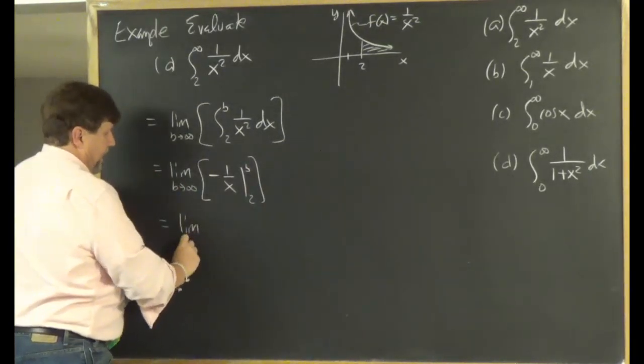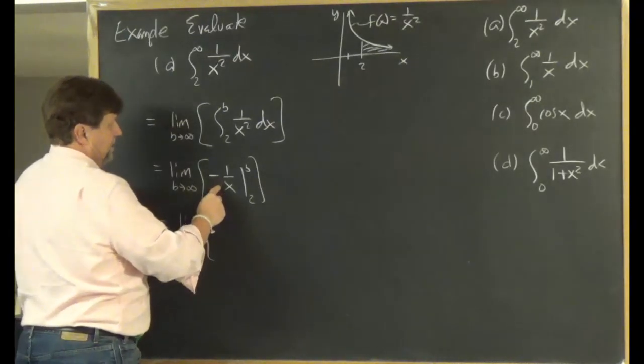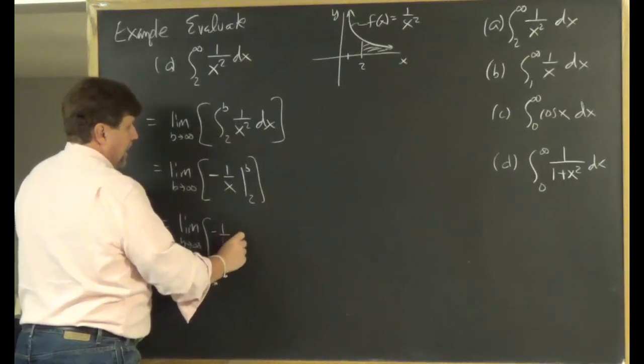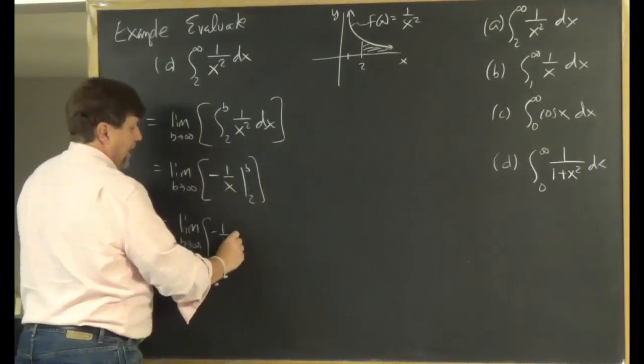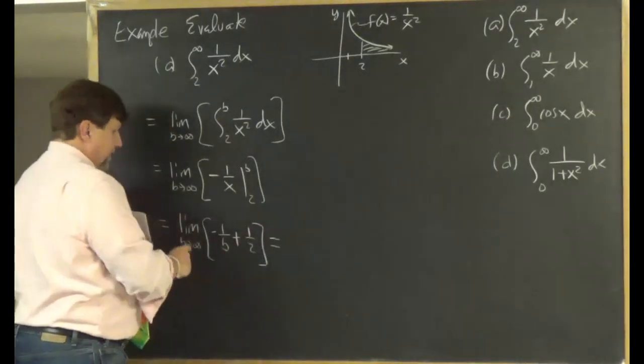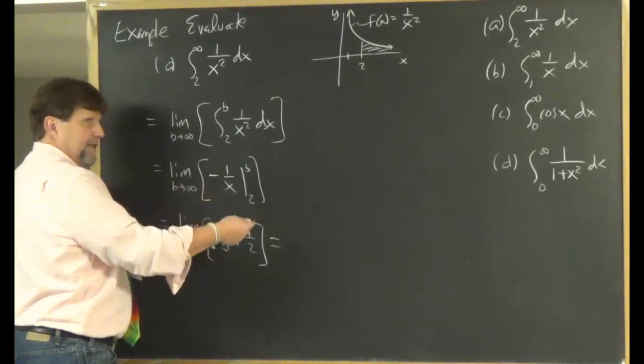And when we evaluate that from 2 to b, we get a negative 1 over b minus a negative 1/2, so that's a plus 1/2. Now we do the limit. The limit as b goes to infinity of negative 1 over b is 0.